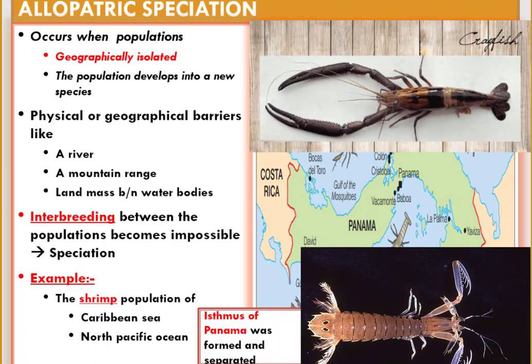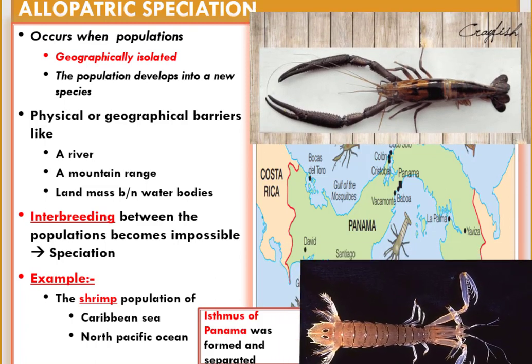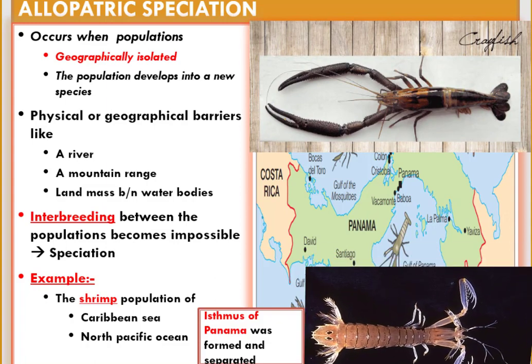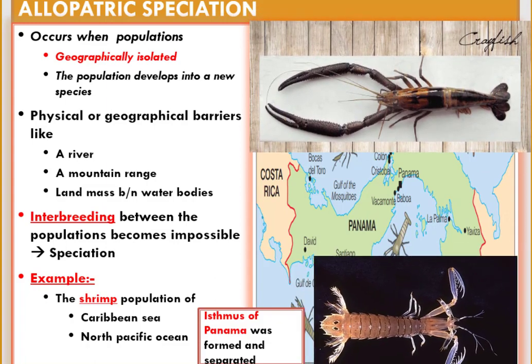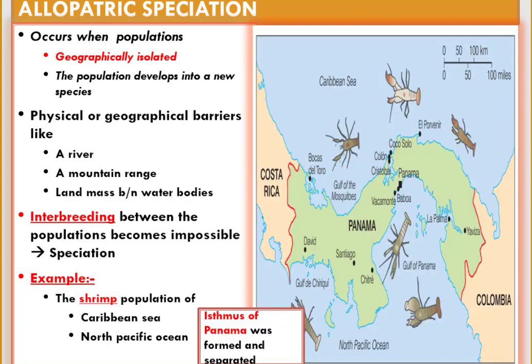The shrimps from either side of the isthmus still look remarkably similar, but they do not interbreed with each other. This tells us that the two populations of shrimps lastly evolved into distinct or different species.